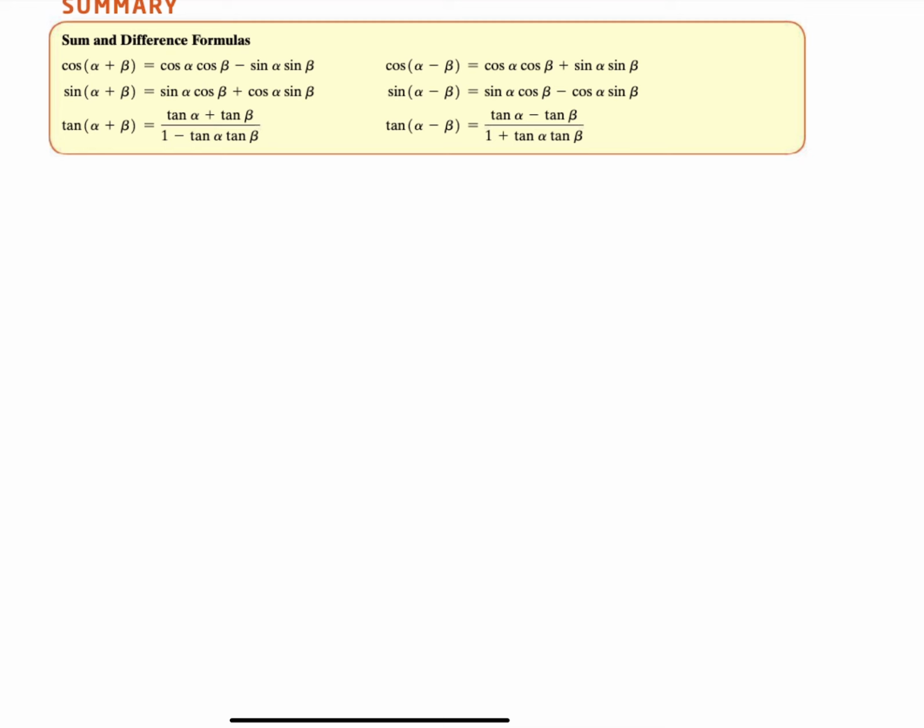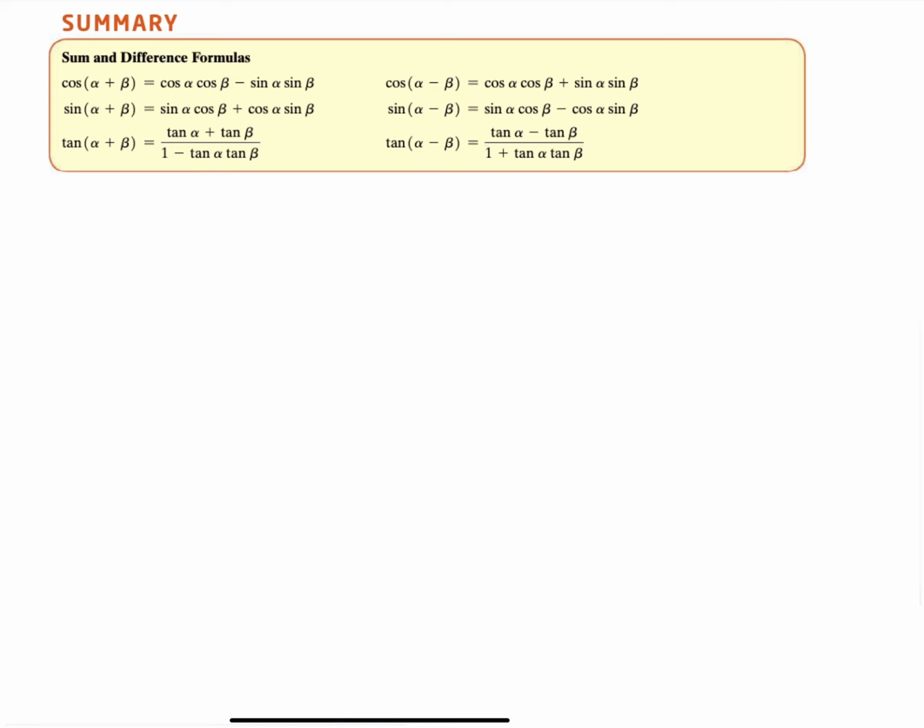And then for tangent, you get tangent A plus tangent B over 1 minus tangent A times tangent B. That's if we have a plus here. If it's a minus, we get the same result, just with a minus on top and a plus on the bottom. So a lot of times you'll be given formula sheets, especially as we add more and more of these identities.